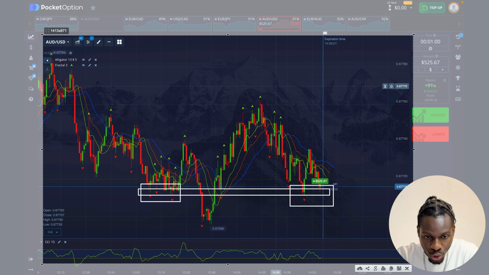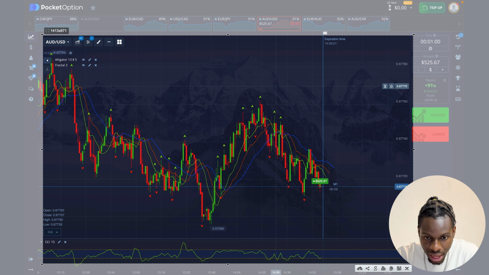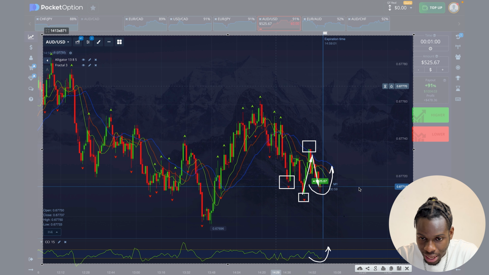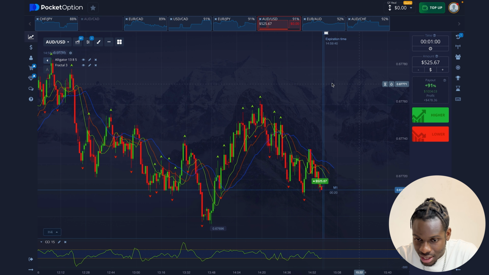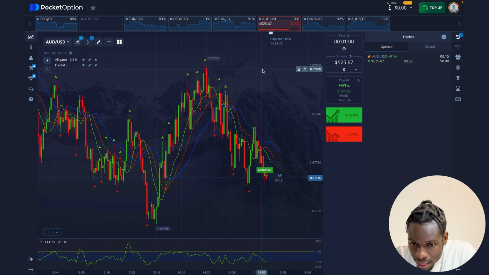So earlier there were two local minimum formed, followed by a further downward movement, and without forming a maximum. So we can expect that there's still a potential for an upward move because the fractal hasn't updated for a maximum yet. Anyways, let's observe and see how this will play out.